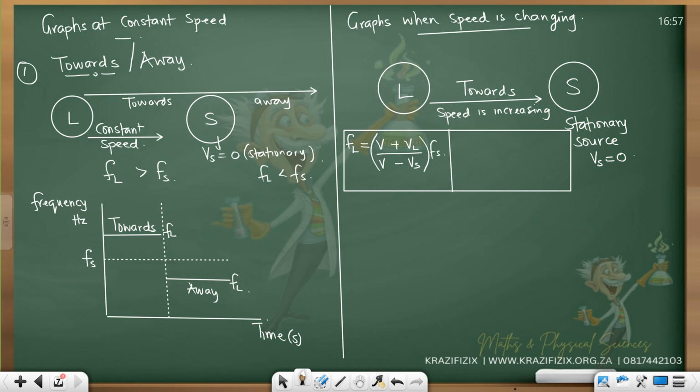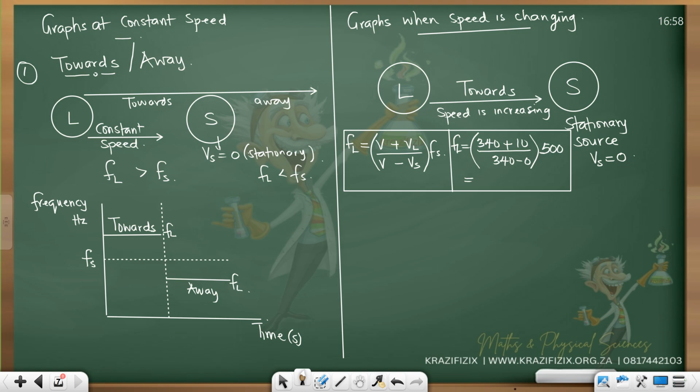Let's use the speed of sound, that will be 340. Let's say the listener is moving at the speed of 10 meters per second. Over 340 minus 0. I just want to show you something. When we look at calculations, you'll understand better.